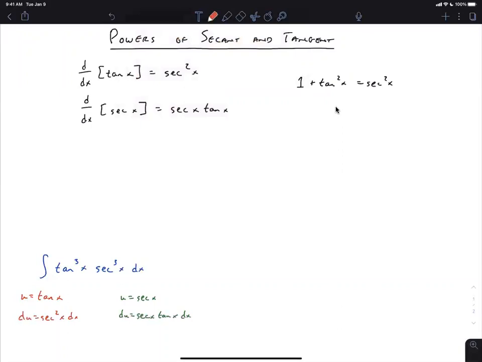If I were to do u equals tangent, then I'm going to rewrite the problem where I leave tangent alone, and then I've got one factor of secant left because I'm going to take two factors of secant for the du. And now from there, which one would I want to rewrite at that stage?